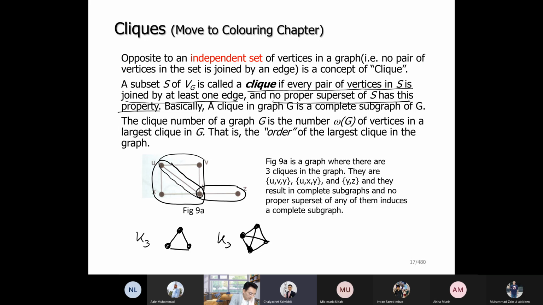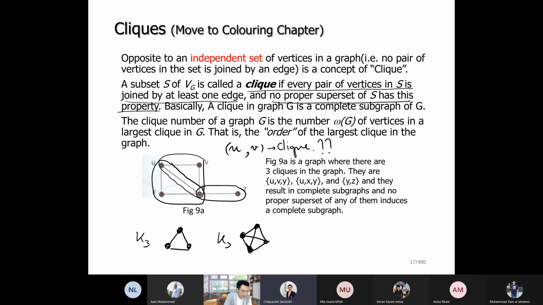What about UV? Is this another clique or not? Yes. Why? U and V are connected to each other. Yeah, but remember we have that no proper superset of S has this property.